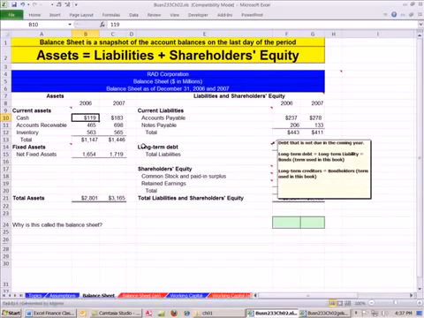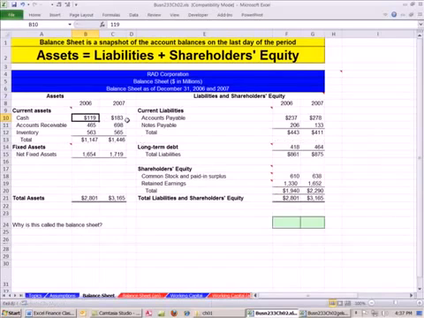So what's the difference between the two? Well, it's the ending amount from 2007. We take that and we subtract from it the very beginning amount in the beginning of 2007. Well, the beginning of 2007 is always whatever the balance was on the last day of the last year.